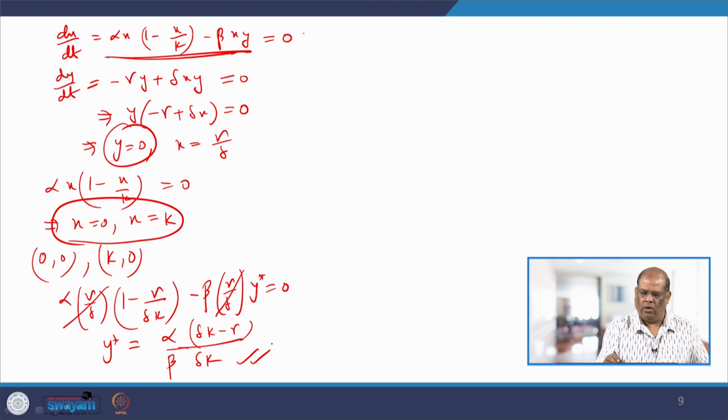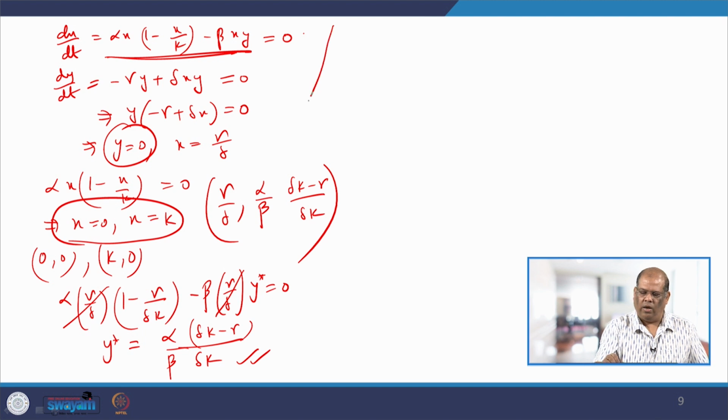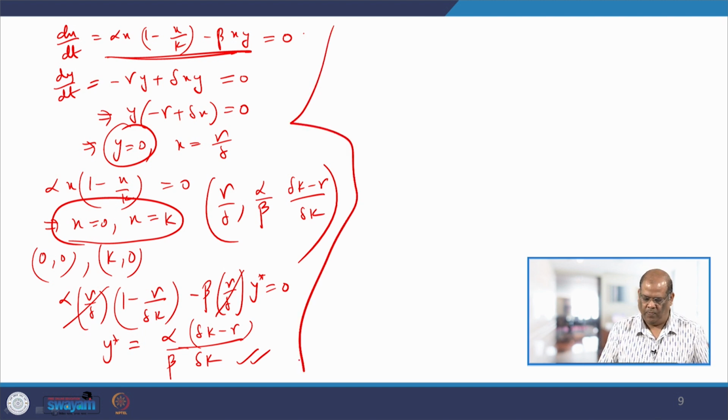So, another non-zero equilibrium solution is when your x is gamma by delta and your y value is alpha by beta times (delta k minus gamma) by delta k.